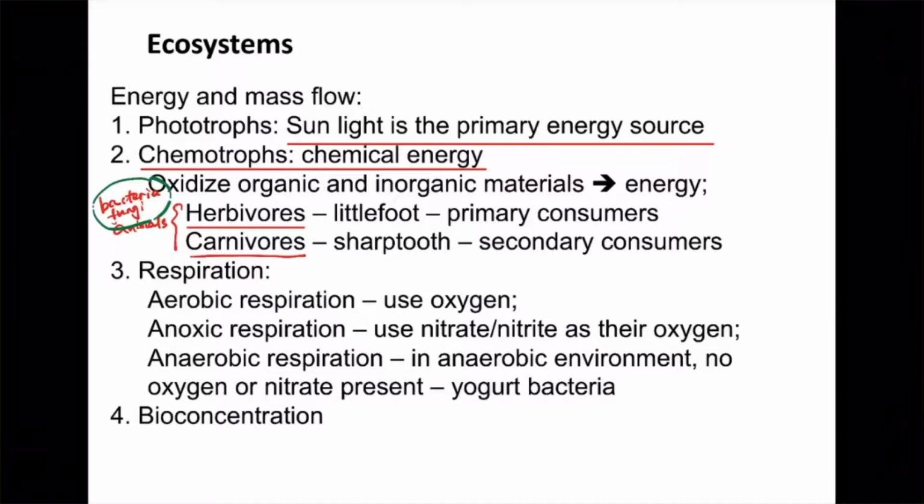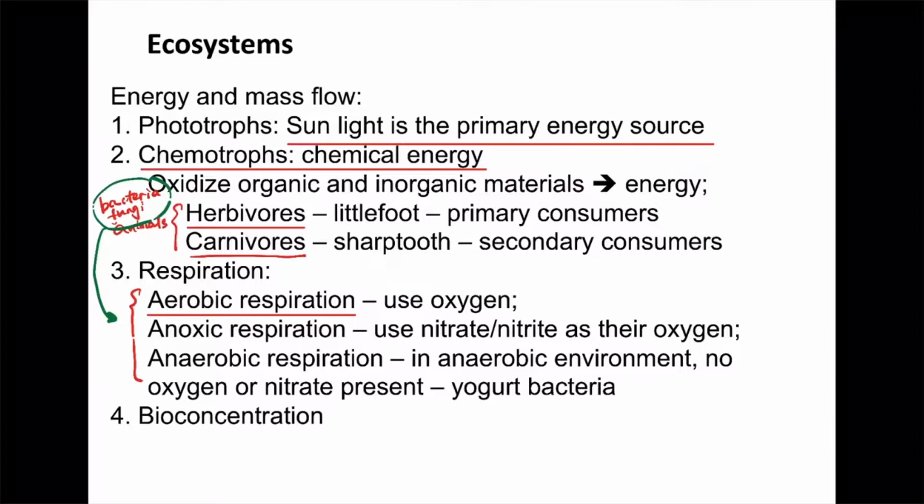Okay, so this involves further differentiation in the way they respire. We can divide them into aerobic respiration. Aerobic respiration means that when they do this metabolism, they rely on oxygen to oxidize these organics into carbon dioxide. Okay, rely on oxygen.